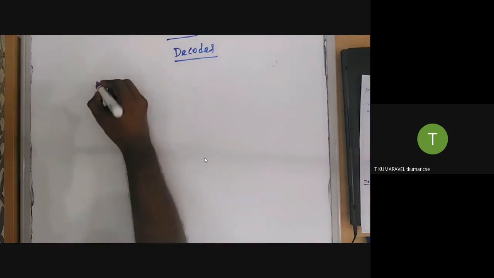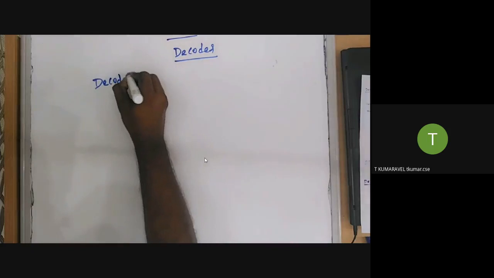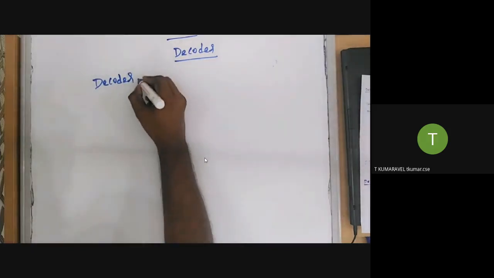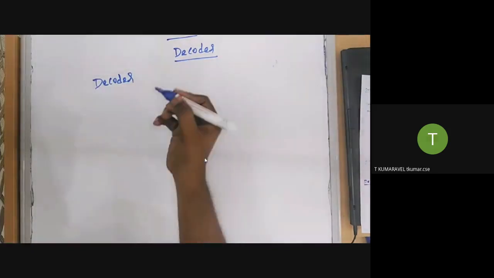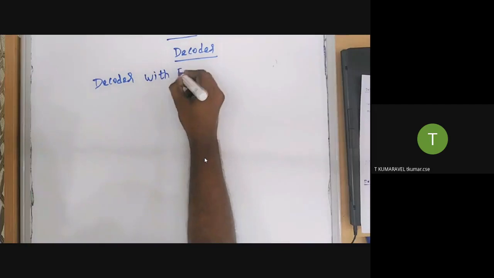Normally the decoder is implemented in two ways. The decoder is implemented with an enable input.